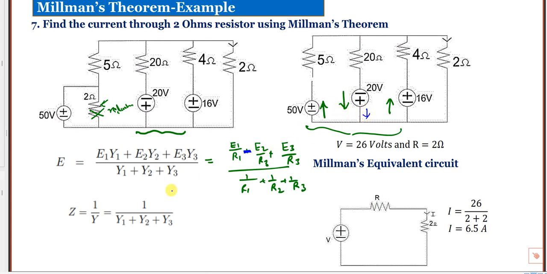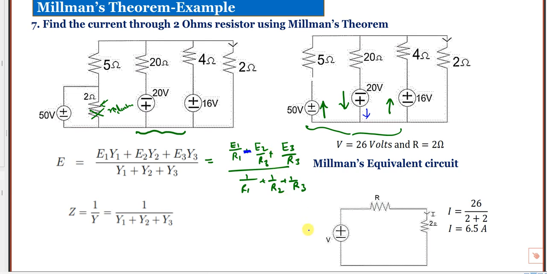See the polarity of batteries. If all are plus at the top, then all are positive. If any battery has negative at the top, then you have to take it as negative and subtract it.